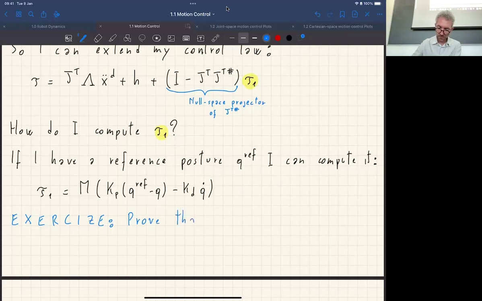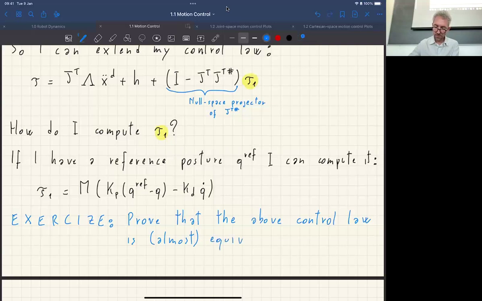Prove that the above control law is almost equivalent to the following one.